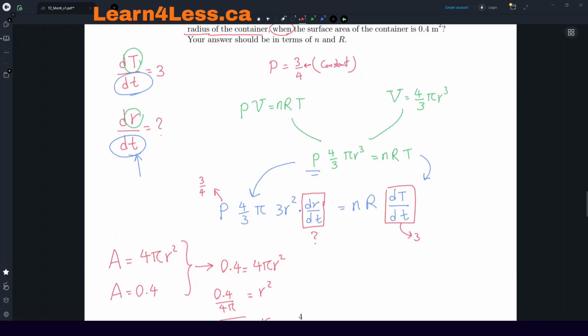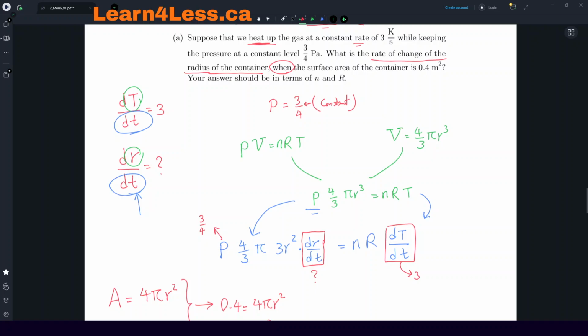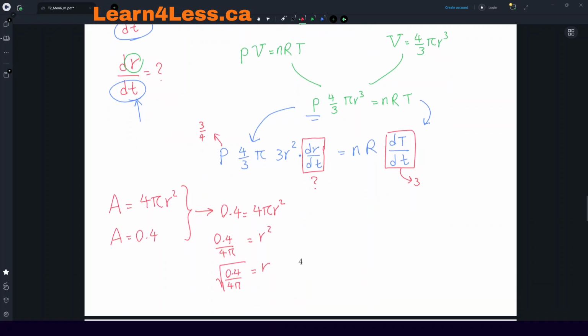Basically, what they ask is, what is the rate of change of the radius of the container when the surface area was this? Or basically, when the radius was this. They are the same thing. Okay, the radius is that, and now I'm looking for this when the radius is this. So I plug in this radius here.